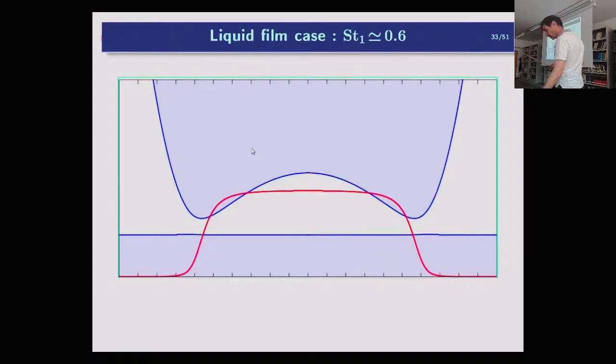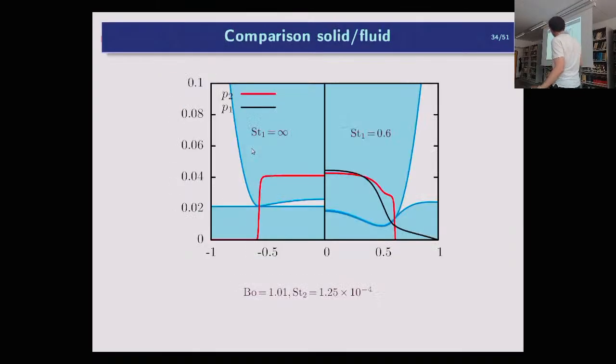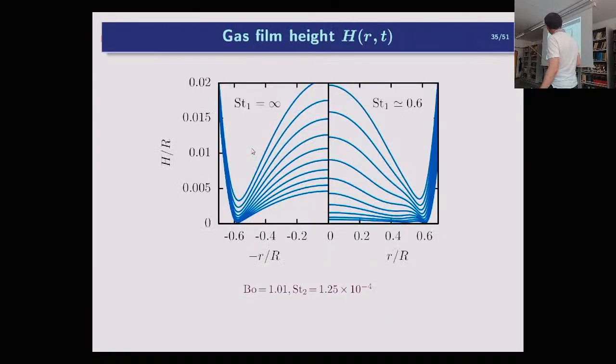So can we understand this with scaling? These are the final profiles, here on a solid surface and here on a liquid surface, and you see that the gas film which is entrapped here is extremely thin compared to the left. So there is something different in the scalings that I'm going to explain now. Sorry.